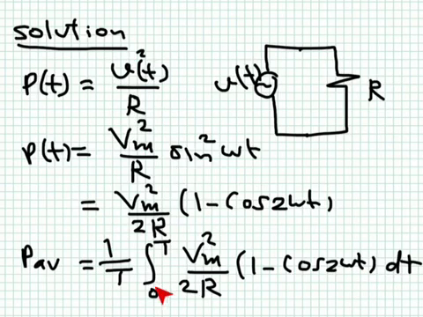And the integral from 0 to T of cosine of any multiple of omega t, as long as an integer multiple, 1, 2, 3, 4, 5, dt will be equal to 0, because this will give you even a sinusoidal signal with higher frequency, but still the positive areas cancel the negative areas. So the only term that's going to remain here is Vm squared over 2R. If you integrate this term, you multiply it by T and then you divide by T.